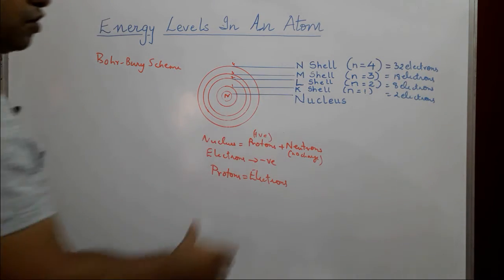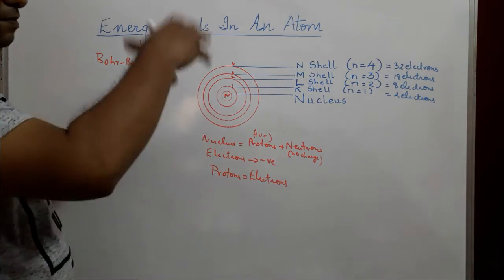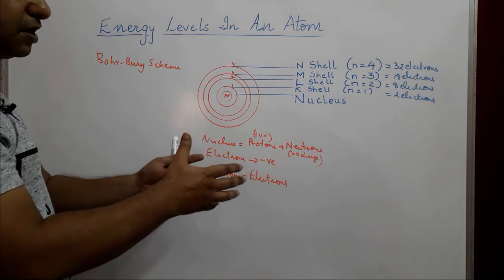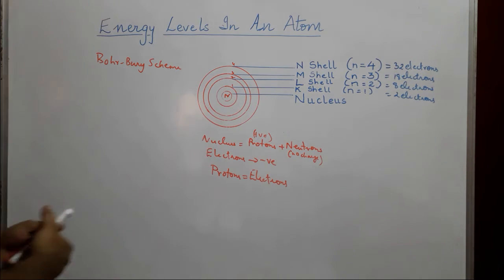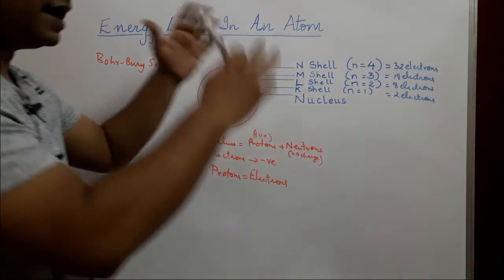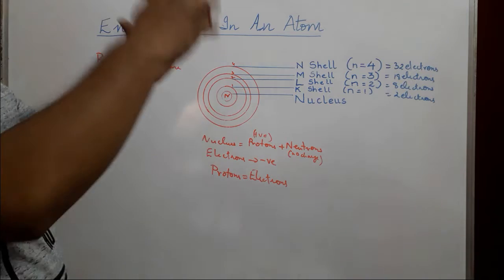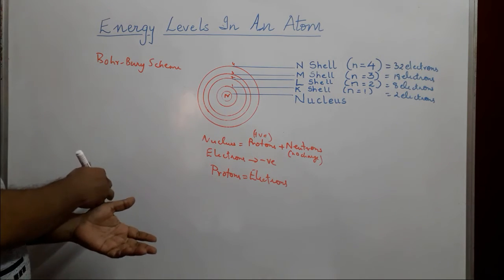But is it always that we fill up K completely, then we fill up L completely, then we fill up M completely, then we fill up N towards the end? No, it is not like that. The first two at least follow that way, as in K has to fill up completely, then L will fill up. Without K filling up, L will not start filling up.